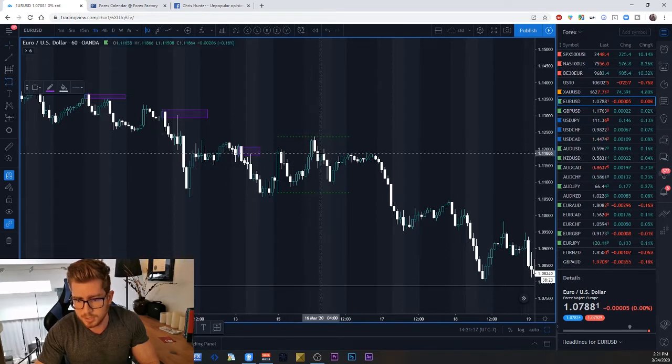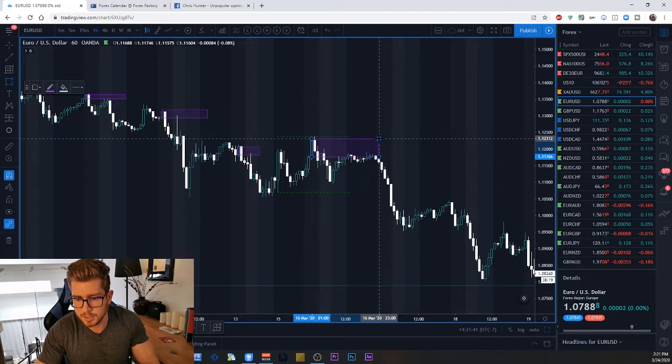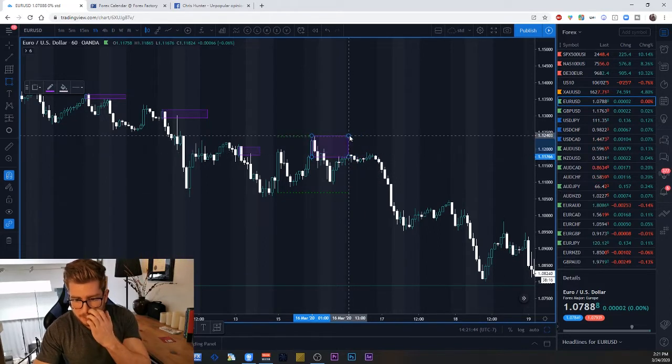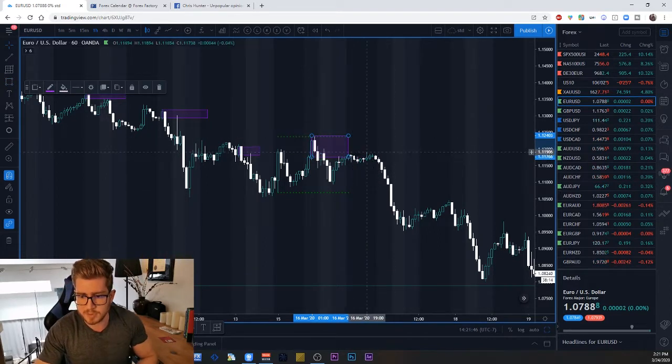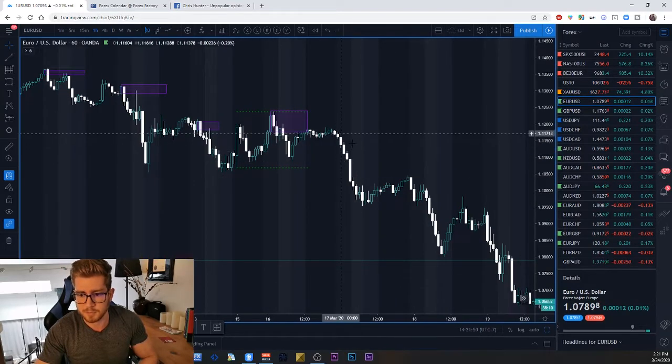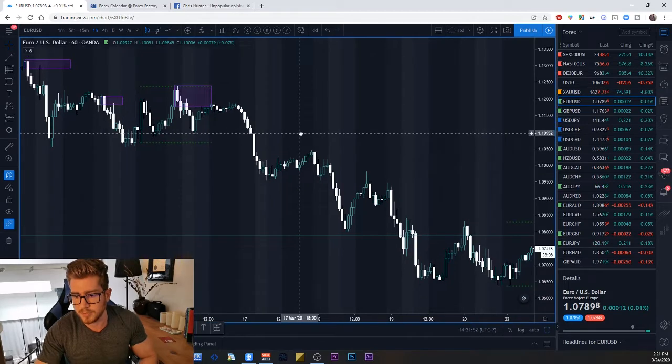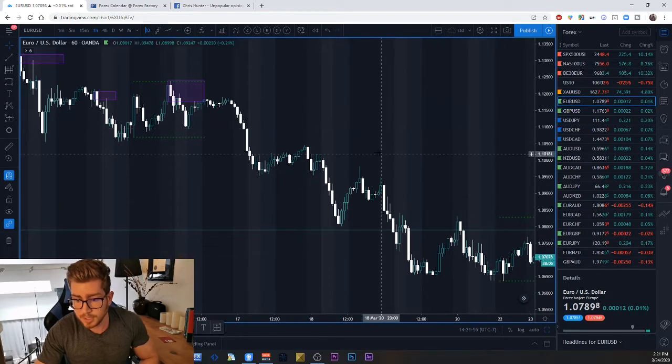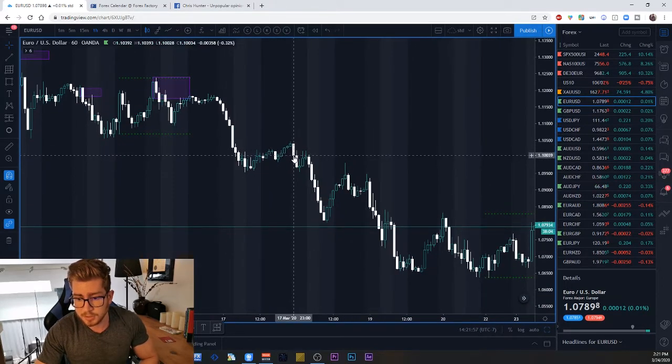Let's draw it again. The high candle of the London in the New York time, it comes back up, tests it, and then dumps back down during the next day. Obviously, there's no retest on this day, so you miss out then. Let's see here.